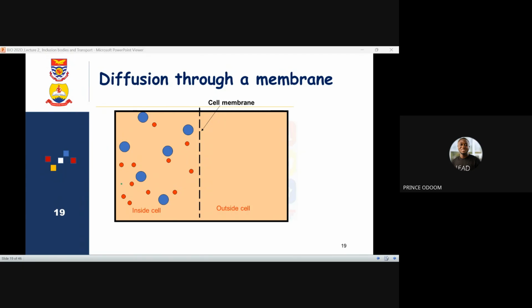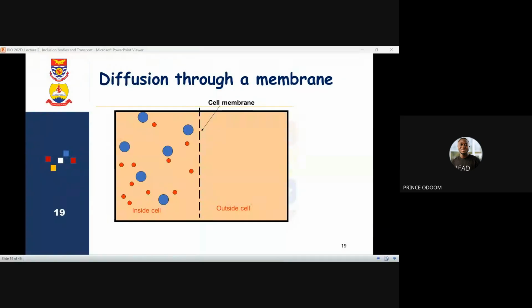So you realize that the molecules are going to move. Let's count and see. How many red balls do we have here inside the cell? Can somebody count and give us a figure? Okay, Prince, sir, 11. They are 11. Okay, so the red balls are 11.